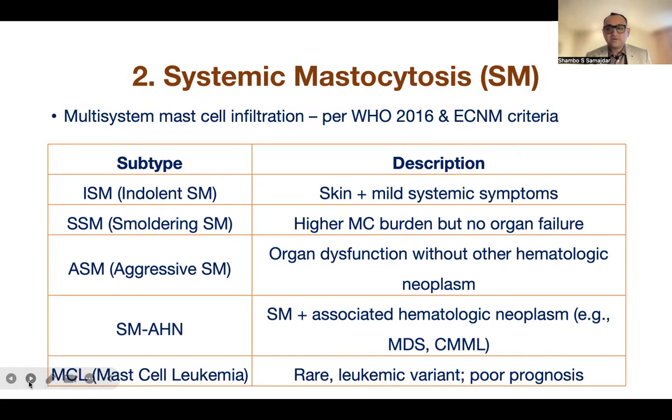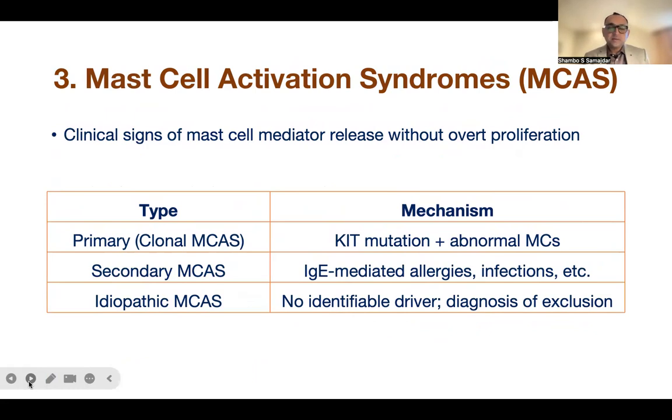With organ dysfunction without other hematologic neoplasm, we call it aggressive systemic mastocytosis. And when there is an associated hematologic neoplasm, that is called systemic mastocytosis associated with hematologic neoplasm. And there is one leukemic variant, very rare but with very poor prognosis, mast cell leukemia.